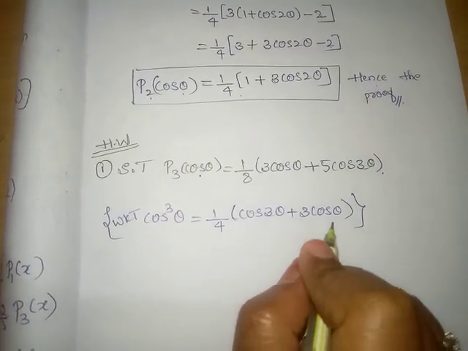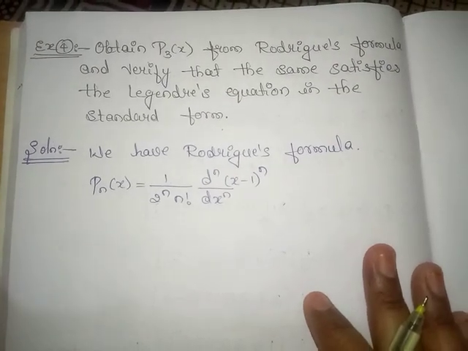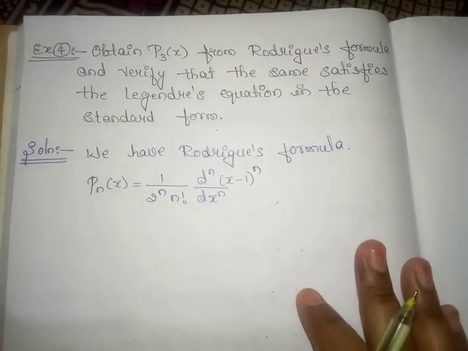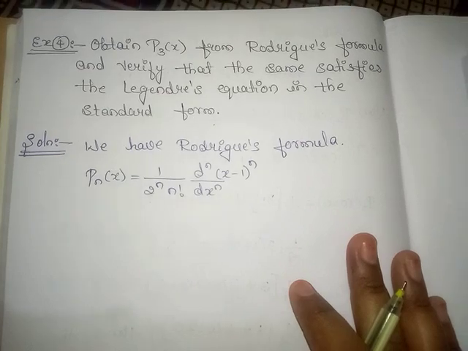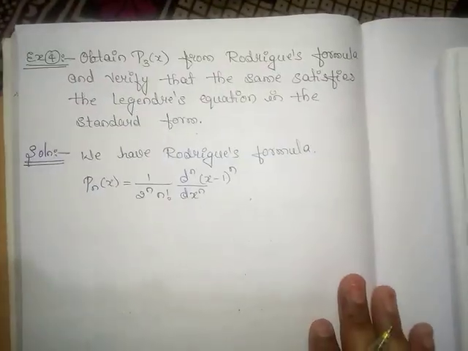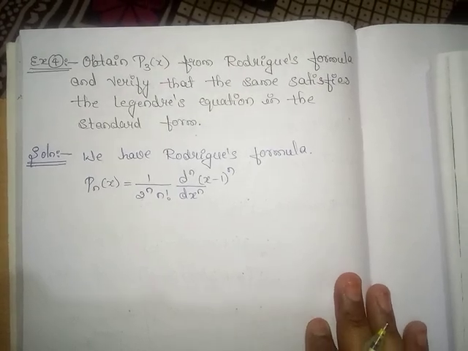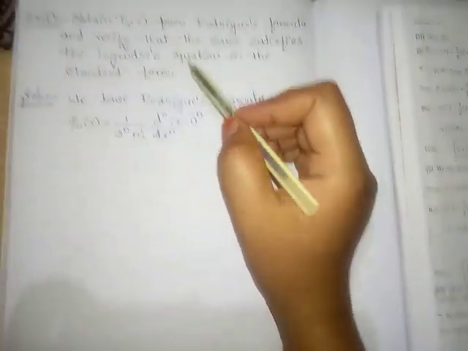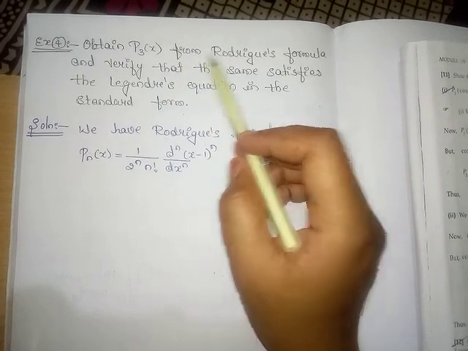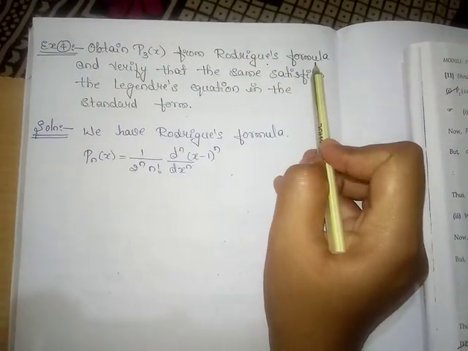Next example, obtain P3 of x from Rodrigues formula and verify that the same satisfies the Legendre's equation in standard form. Means what? First we have to obtain the P3 of x expression from Rodrigues formula, right?